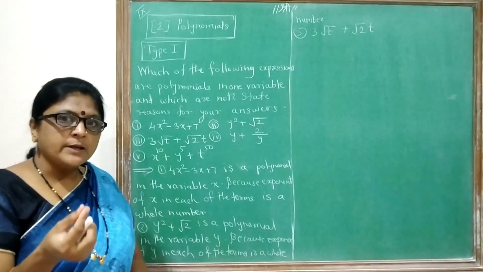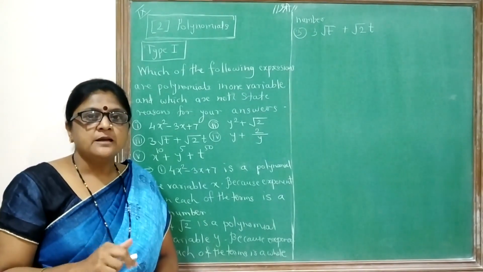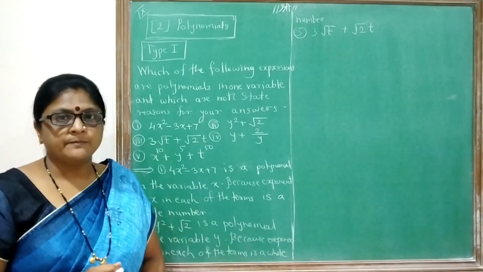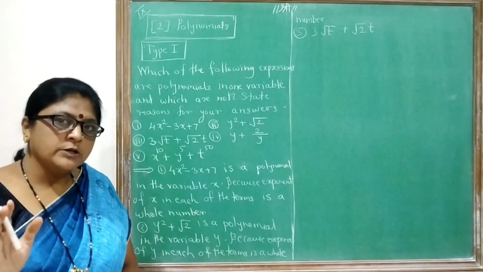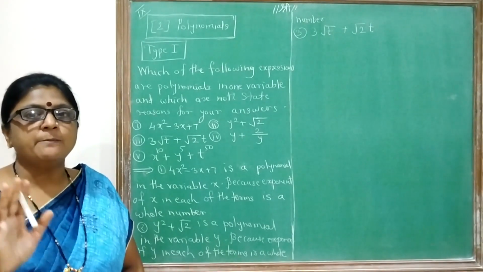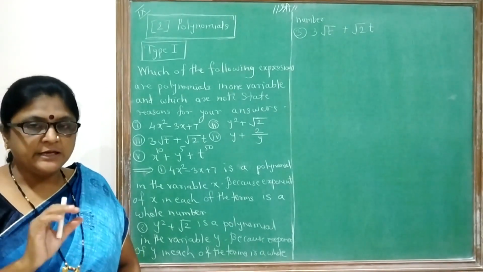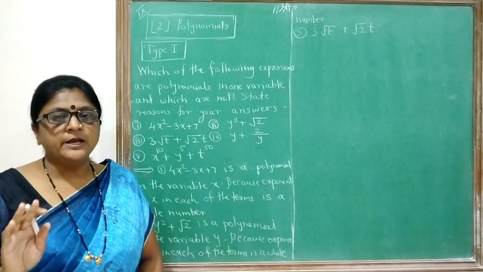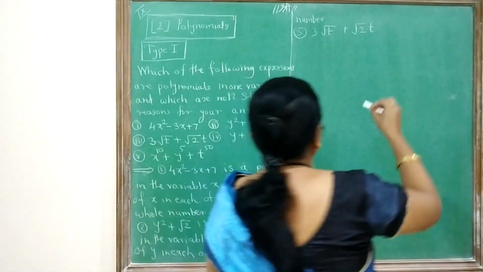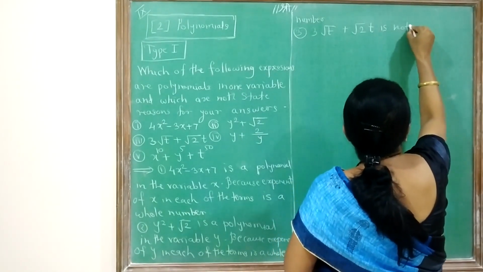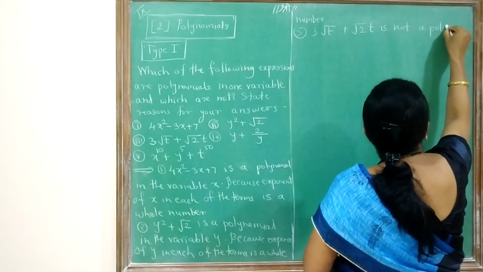Here the square root is removed and you write its power as 1 half. But is 1 half a whole number? No, 1 half is not a whole number. Then it is not a polynomial, because 1 half is not a whole number. So write the answer: not a polynomial.